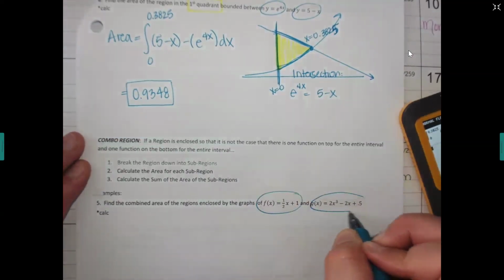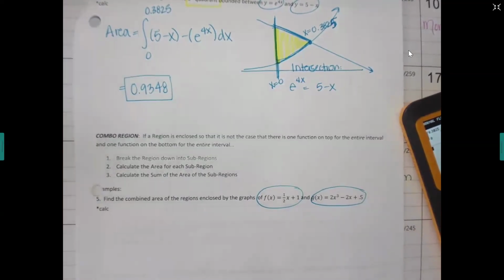Okay, I do want to point out to you that this is a 0.5. So when you type it into your calculator, make sure that's a 0.5 in your y2.